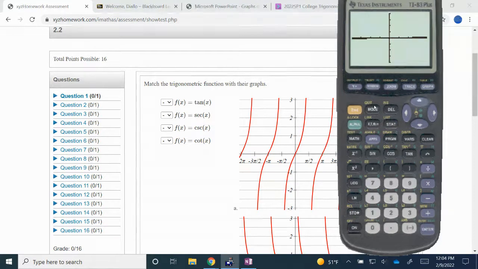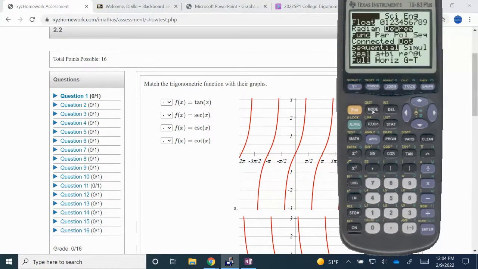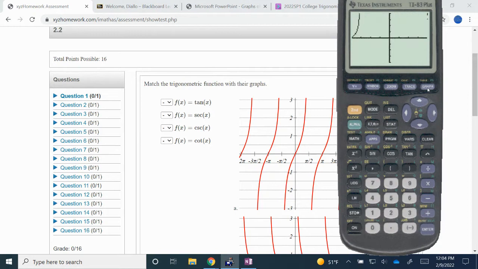okay, and here again, you want to make sure whenever you graph that you are in radian mode. So that's the reason the graph looked the way it did, because I was not in radian mode. Whenever you graph, you should always be in radian mode unless the problem states otherwise.